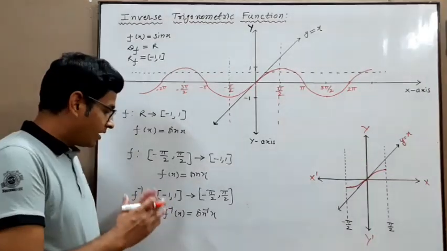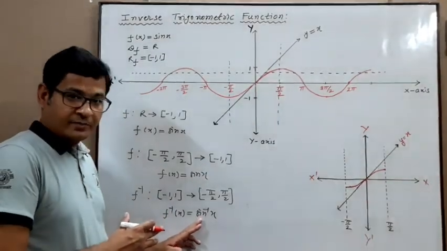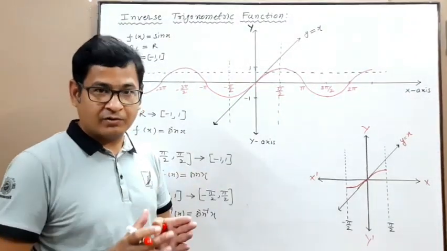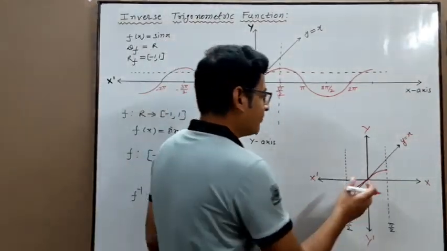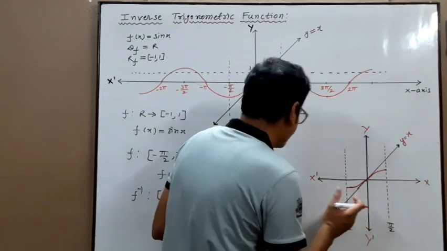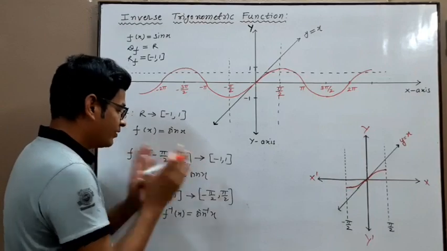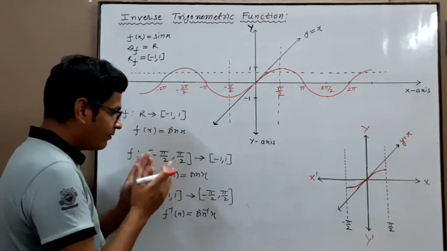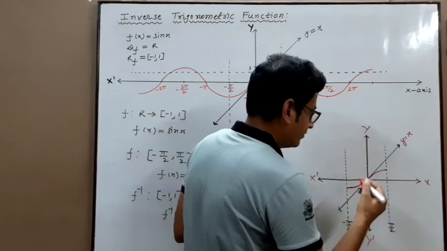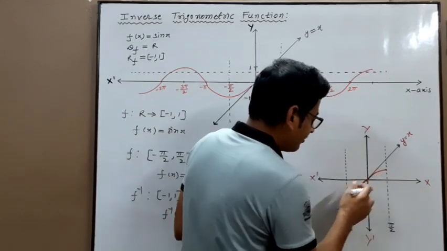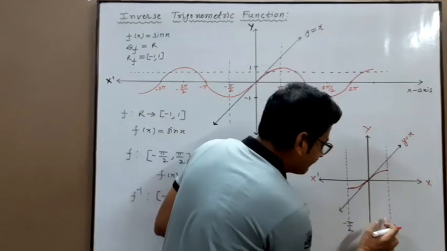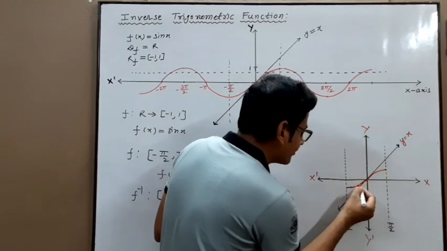Now the graph of the inverse trigonometric function. The graph of an inverse function is the mirror image in y equal to x. Because in the interval -π/2 to π/2 sin x is invertible, the graph of the inverse function also lies between -π/2 to π/2, and it is the mirror image of y equal to sin x. So first we take the graph of y equal to sin x in the interval -π/2 to π/2, only a small portion of this graph.